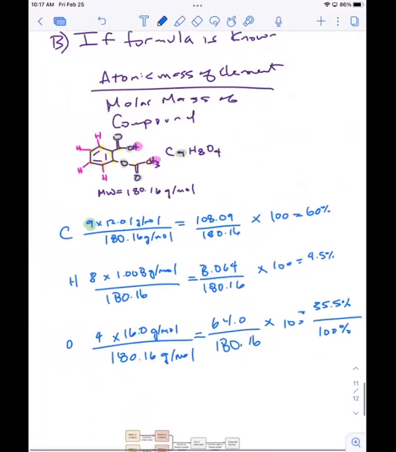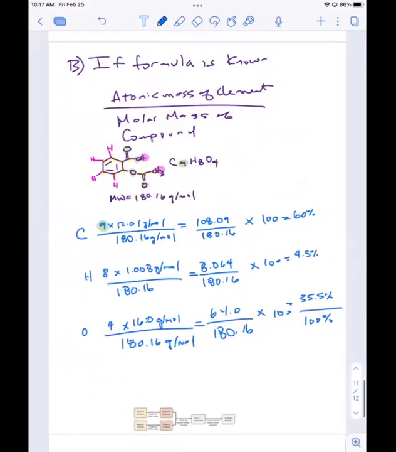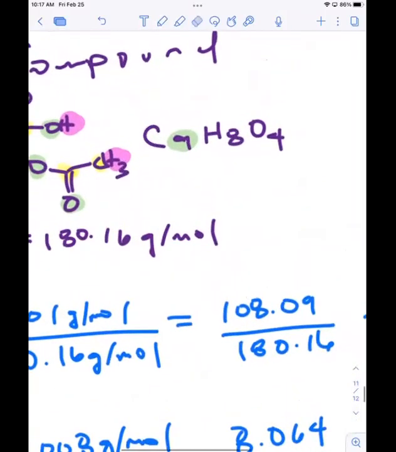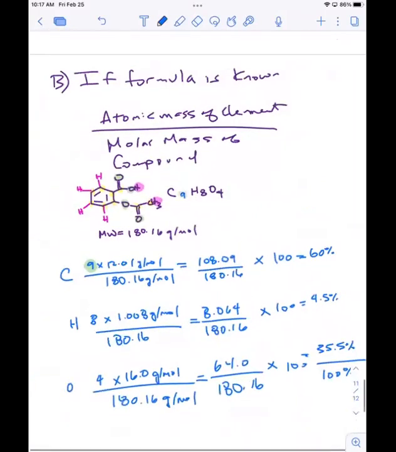So again, this is another way to think about percent composition. If we have the molecular formula and we know the molar mass of the compound, which we can calculate anyway, we can figure out the percentages of each one of those atoms in that molecule, right?